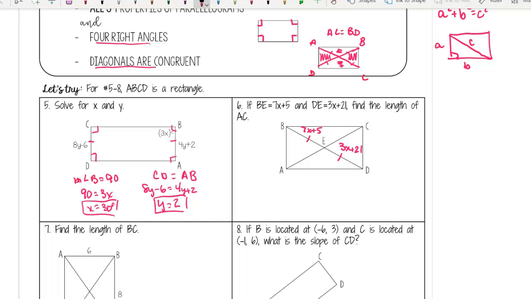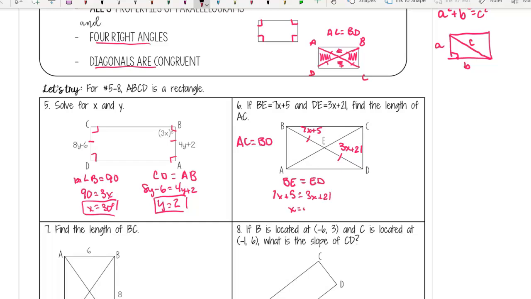So we can say that AC will equal BD. So as soon as we find BD, we've got AC. So for BD, we've got BE, one piece, equals ED, the other piece, because diagonals split. 7x plus 5 equals 3x plus 21.